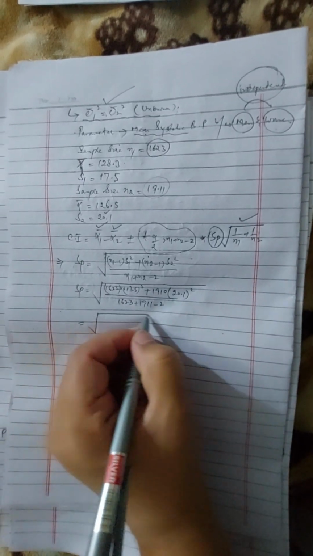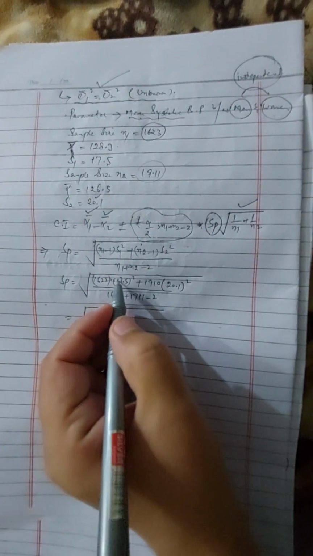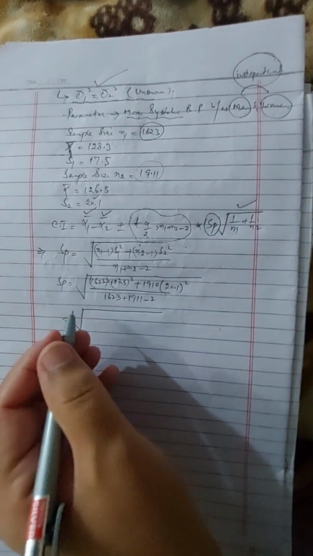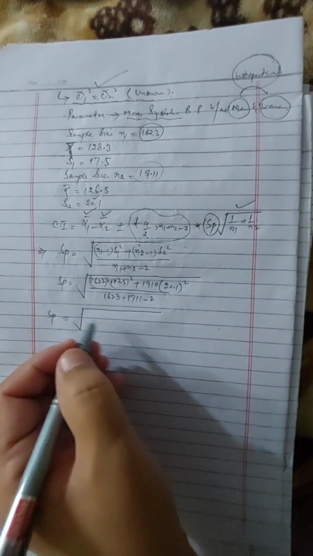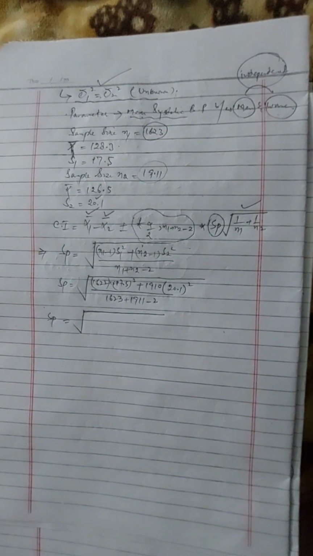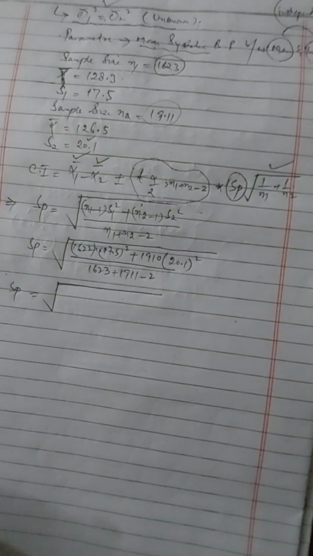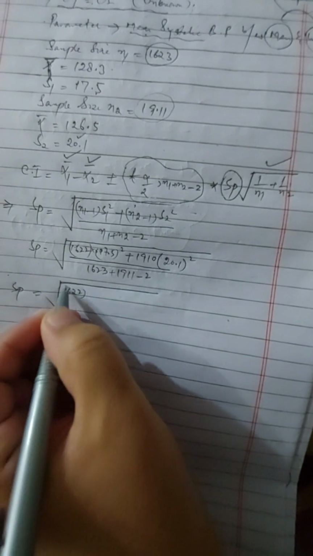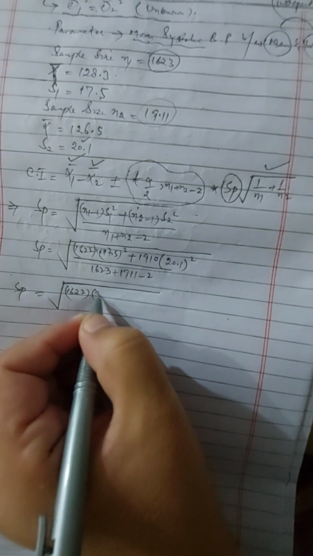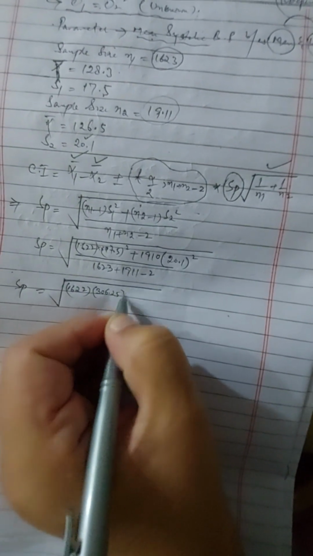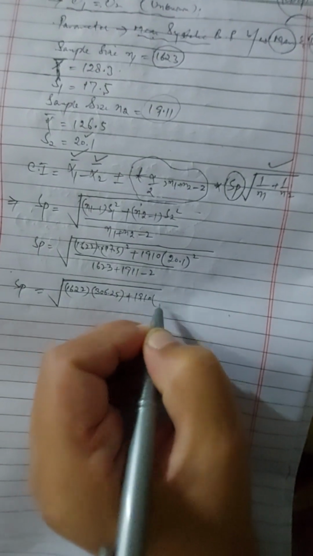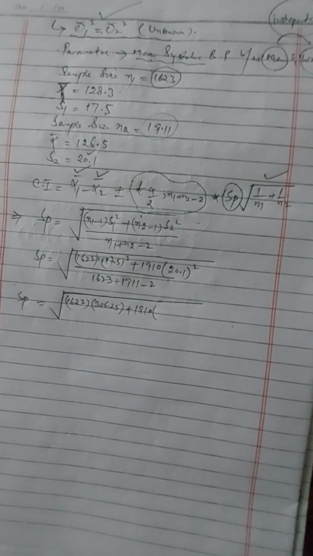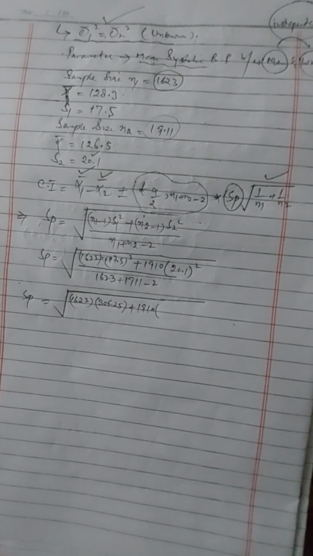Simplifying this term, let's find the squares of these two and multiply, so we find the exact value. 17.5 square gives us 306.25, and 20.1 whole square gives us a value of about 404.